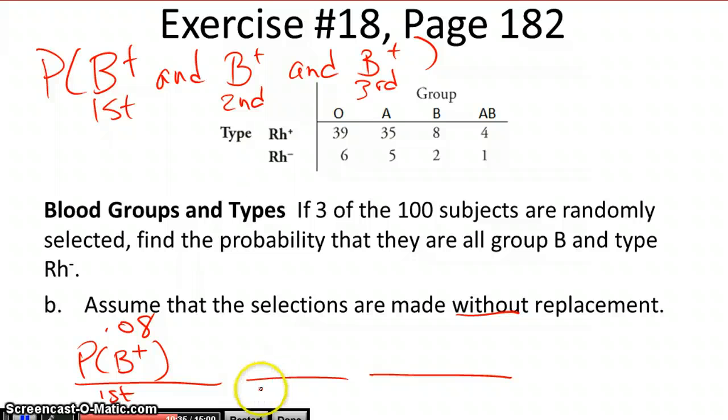Now, the second person. If we're drawing 3 people at random, and now we've already selected one person, and that person has B positive blood, because we want all 3 of them to have B positive blood. If that first person has B positive blood, now we no longer have 8 people with B positive blood in our pool, because we are drawing these selections without replacement.